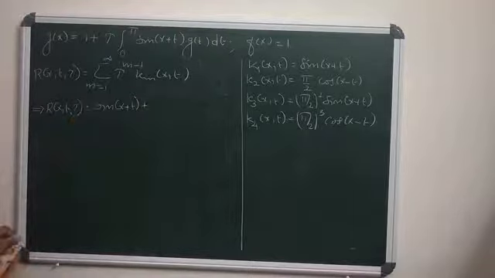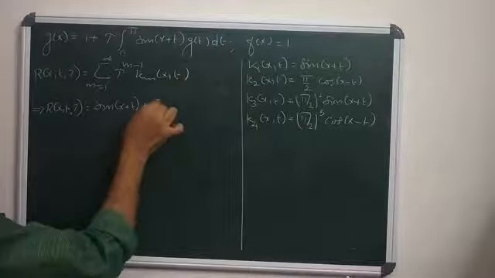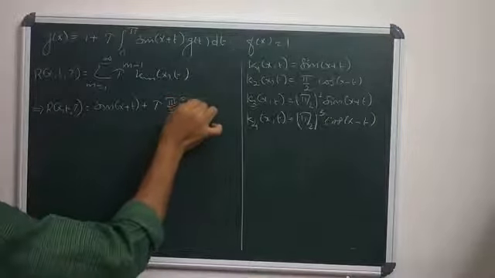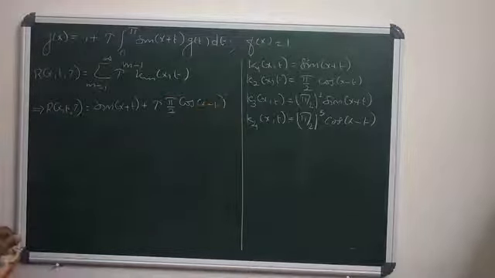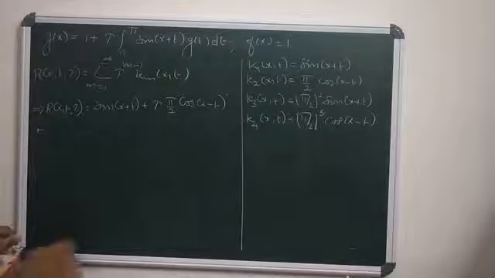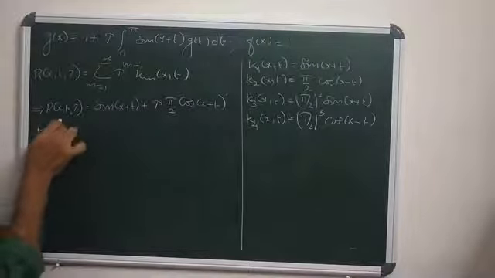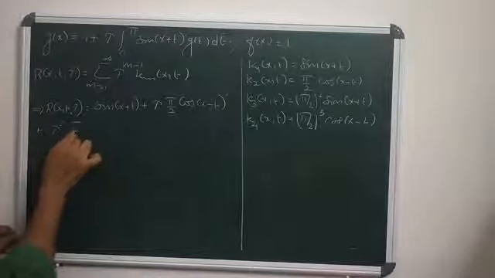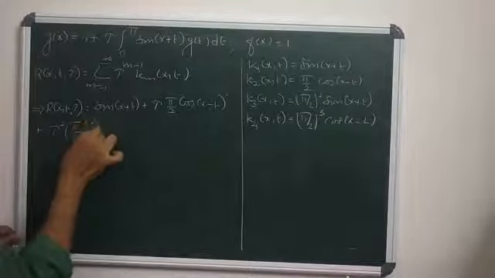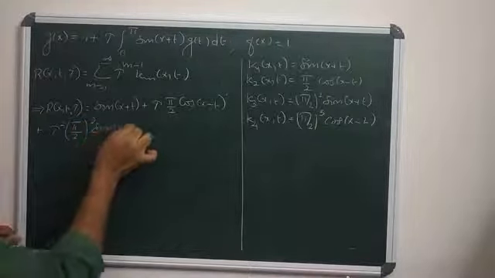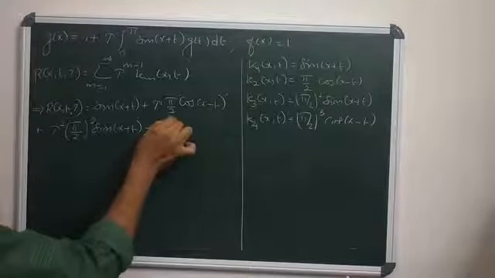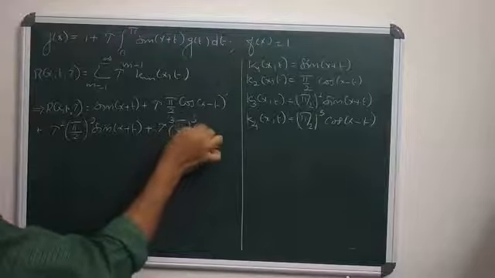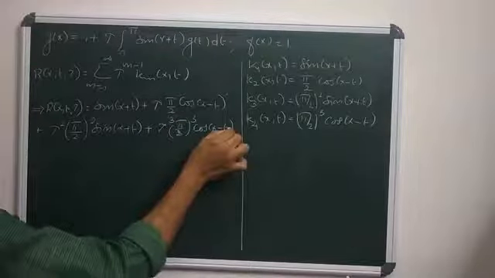Plus, when m equals 2, it is λ into k2(x,t), which is π/2 cos(x−t). Plus, when m equals 3, it is λ² into k3(x,t). K3(x,t) is (π/2)² into sin(x+t), plus the next term is λ³ (π/2)³ into cos(x−t), plus etc.